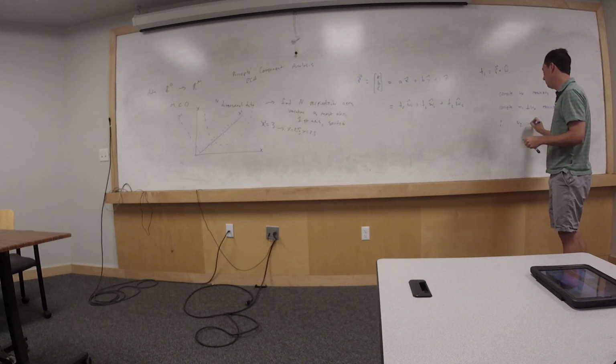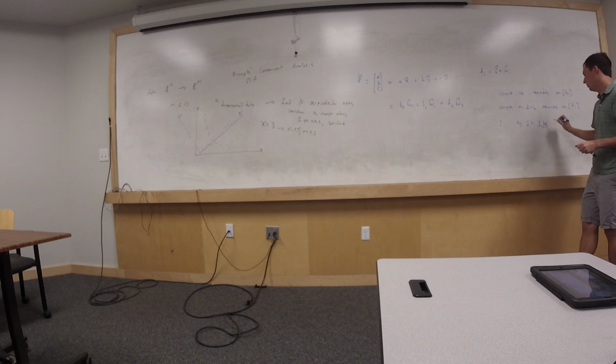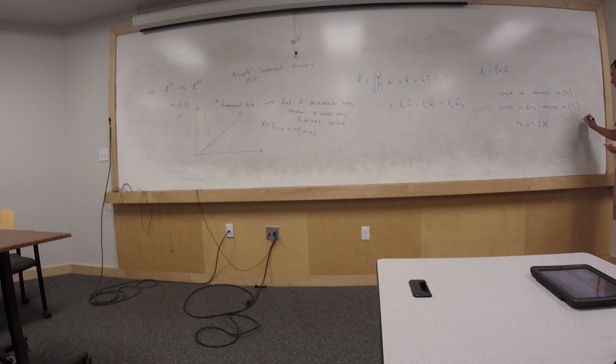I compute W2, which is perpendicular to W1 and W0, which maximizes the variance of T2, and so on. So this is the way that PCA works. I'm trying to pick these directions so that as much variance as possible is on the lowest coordinates in my new space. And then at the end, I can just keep however many of the T's I need to describe my data.